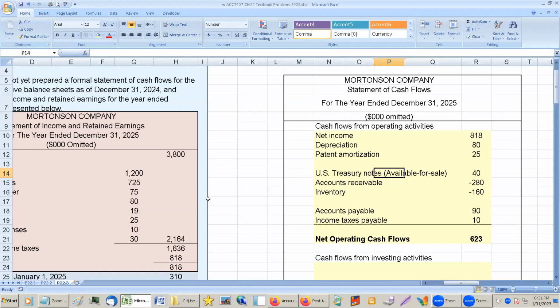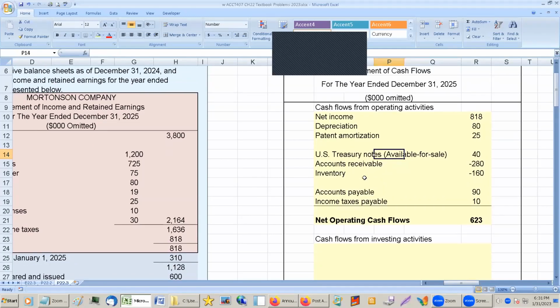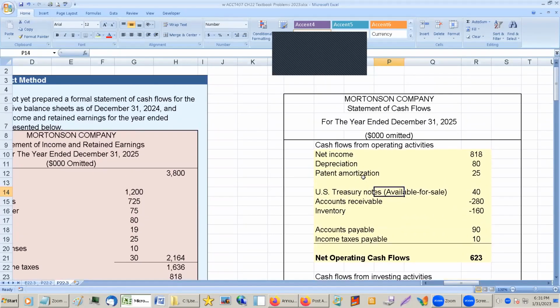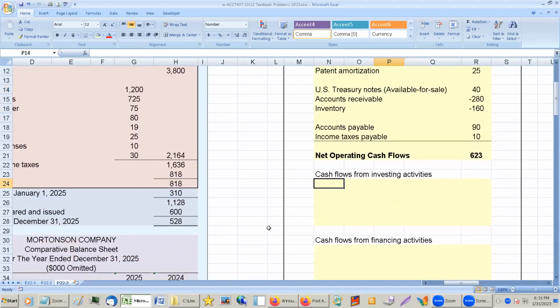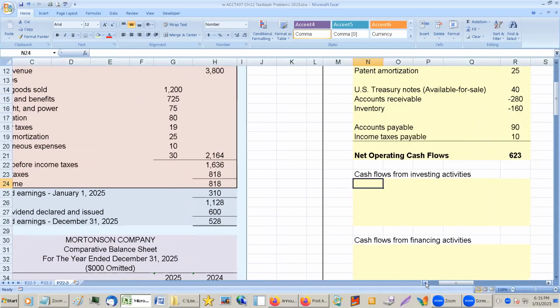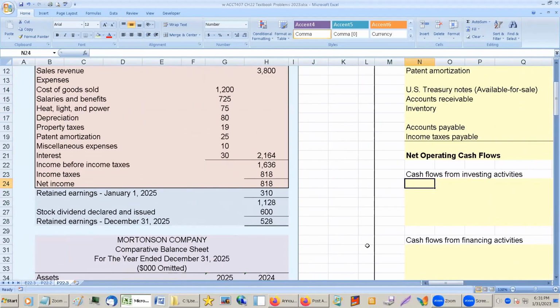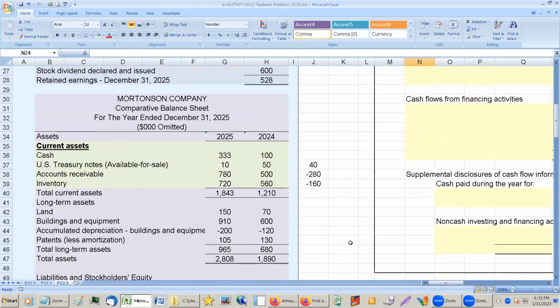Okay. So we got the operating cash flows. Now we go to investing. So investing are the long-term assets.